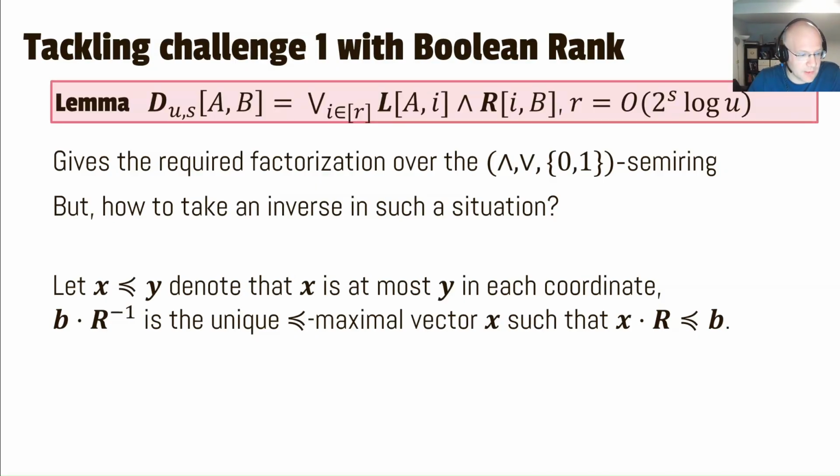Sorry, something went wrong with the animation here. And yeah, so that's the kind of inverse that we're using, and that turns out to work. So there are some technical details here. I'm not bothering you with too much. Please have a look in the paper. In the end, it's rather short, but it's quite subtle.